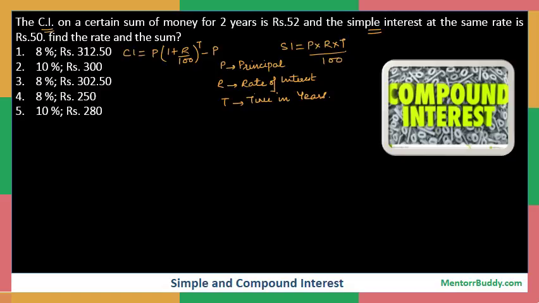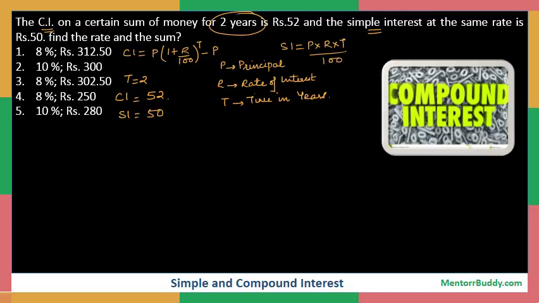So the values which are given to us: time is given as 2 years. When it was a case of compound interest, the compound interest is given as rupees 52. When it was a case of simple interest, it was given as rupees 50.